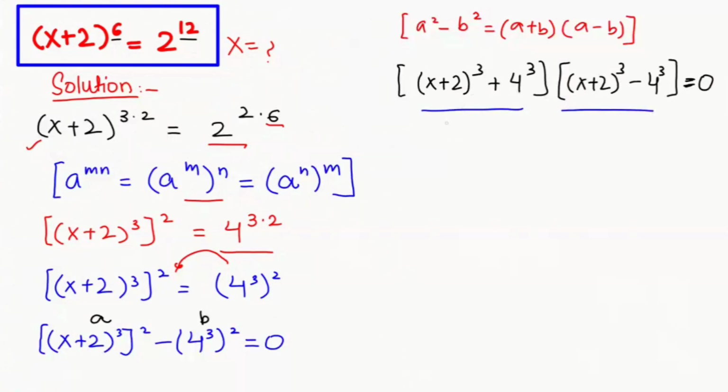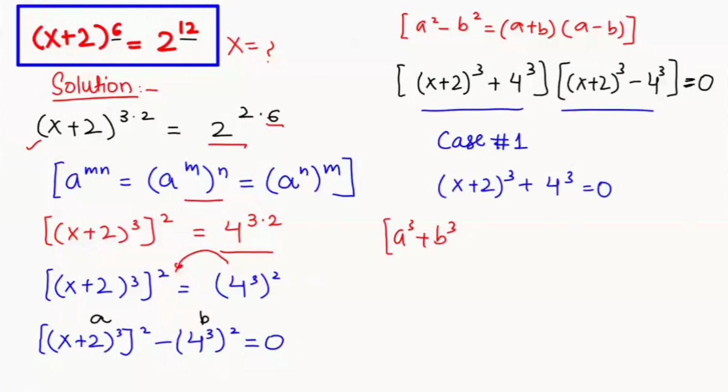Now we're going to solve case 1. In case 1 we have (x + 2)^3 + 4^3 is equal to 0. Here I am going to apply the algebraic identity, that is a cubed plus b cubed can be written as (a + b)(a squared minus ab plus b squared). This is the a and b value.